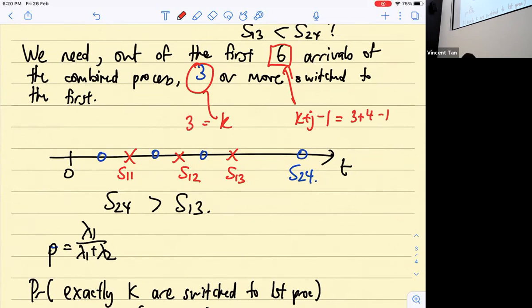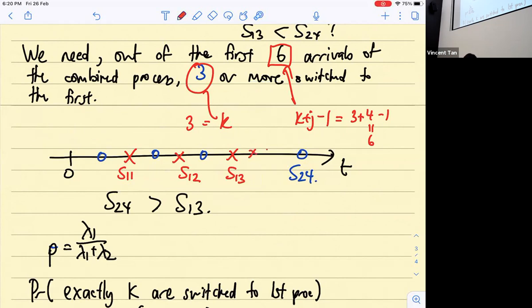This is 6. I always like to use numbers. So out of the first 6 arrivals here, let's say 3 are switched to the first process. Then certainly, this one will be after my S13. Now, 3 or more.